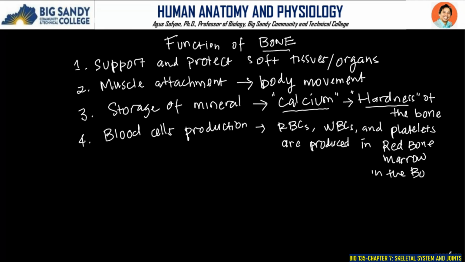So bone has a space called the red bone marrow or RBM. And this RBM is the place for making all types of blood cells, red blood cells, white blood cells, and also the platelets.